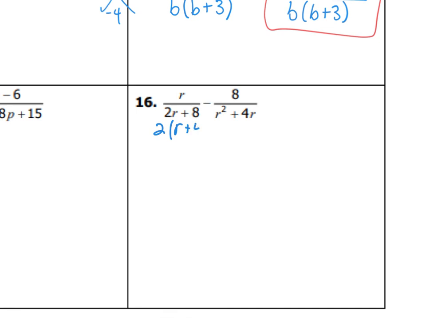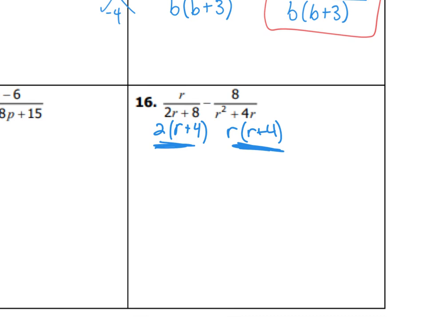Thank you. 2 times r plus 4. My other denominator, r squared plus 4r. What about that? R. And it becomes r plus 4.